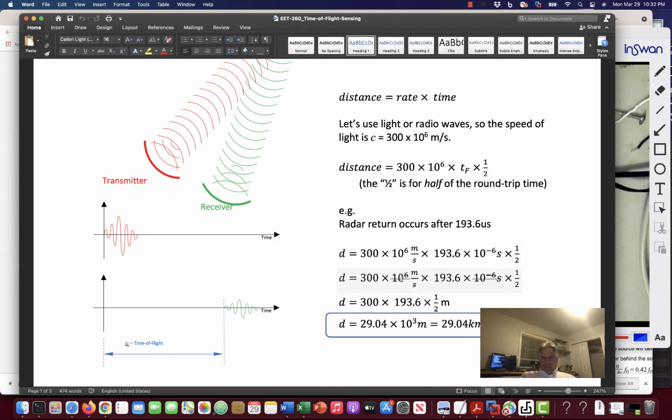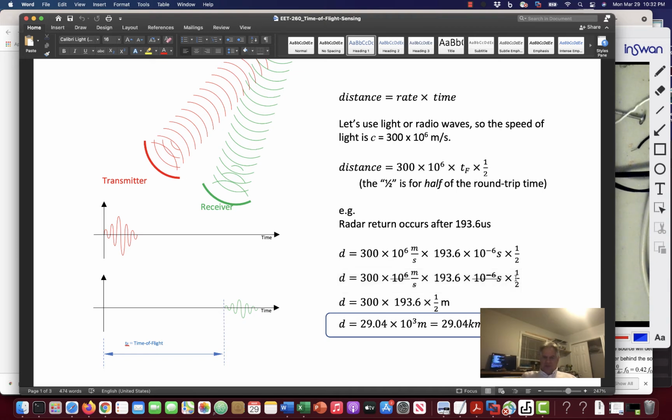So as we go down here, we see that the 10 to the plus 6 and 10 to the minus 6 cancel. Also, it's a little hard to see, but the seconds are overstruck in the denominator and in the numerator up here. The seconds cancel, and we just get meters.